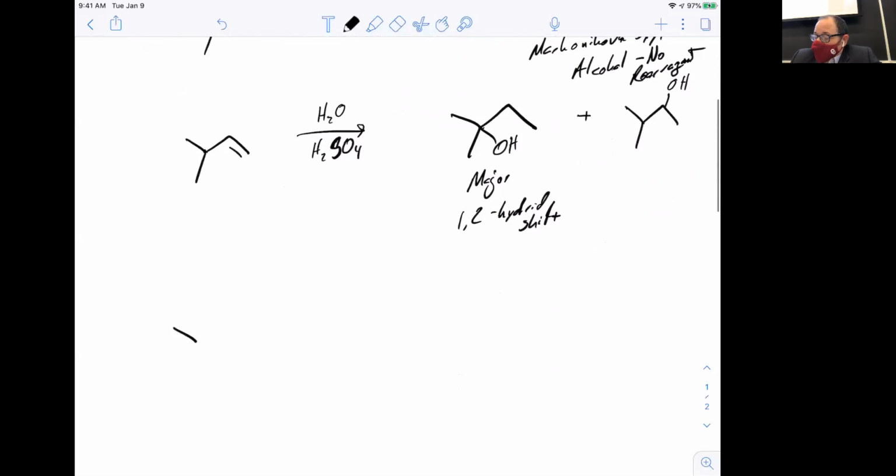The way that works is that the nucleophile reacts with the mercury.